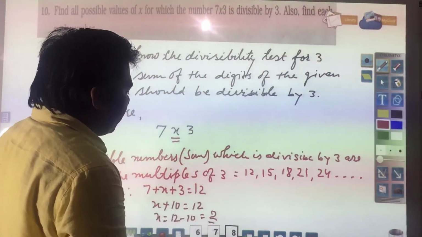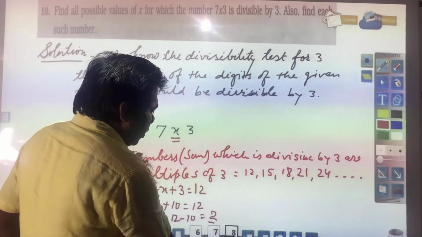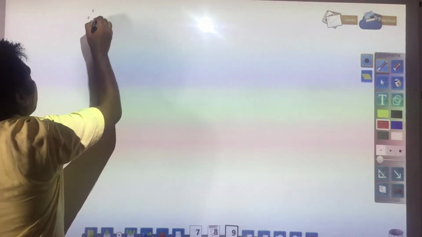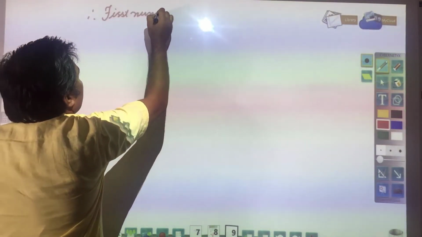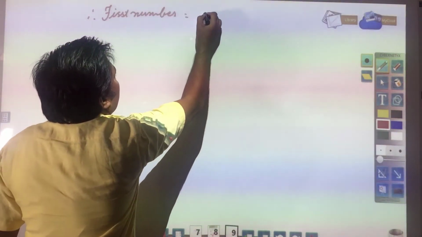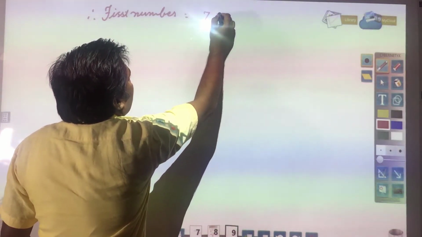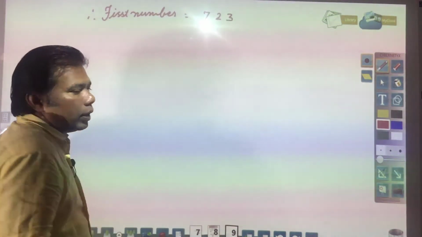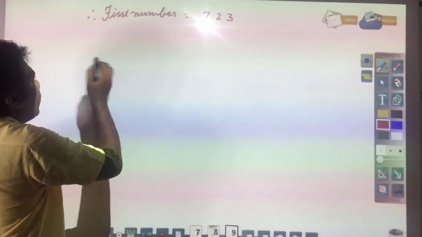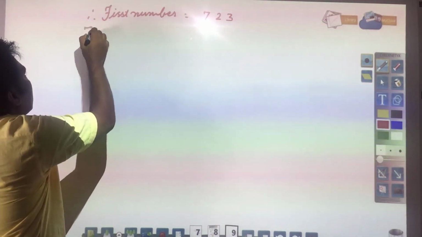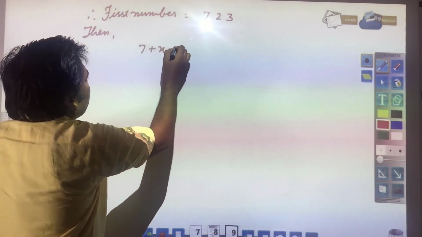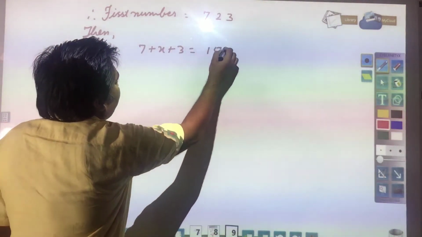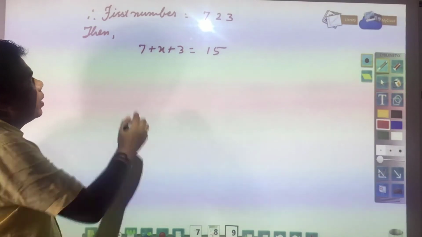So, your first number will be 7, 2 and 3, 723. Second, we will find out what we will do. 7 plus x plus 3 is equal to 15, it should be the second number.